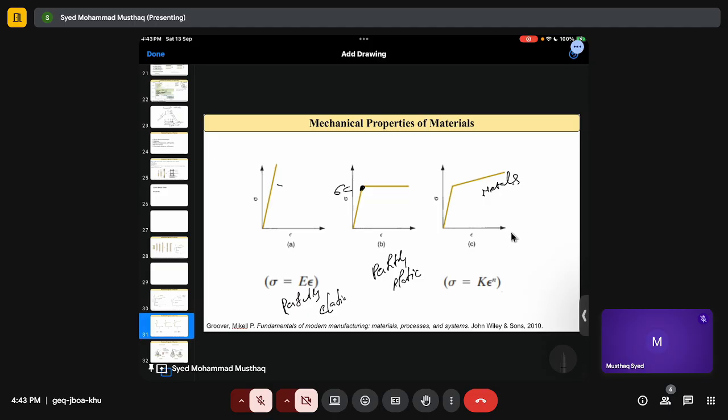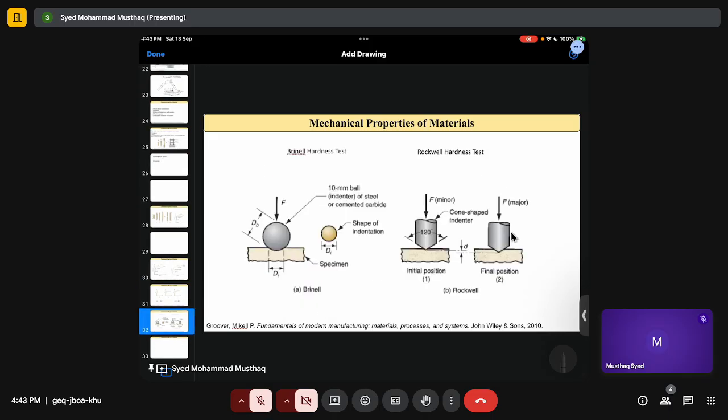Now, the other testing is hardness testing. In hardness testing, you have Brinell and Rockwell. So why do we have different types of testing? Because the material hardness is not the same, right? For example, iron has a higher hardness compared to aluminum. You cannot use a single process, because the material you are using to deform might not be tougher than the material you are trying to deform.